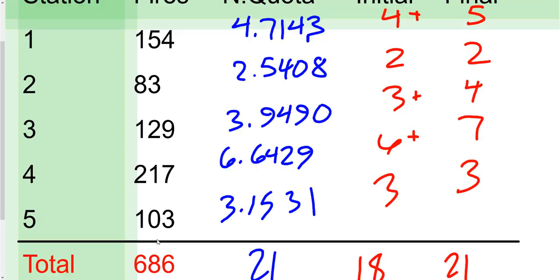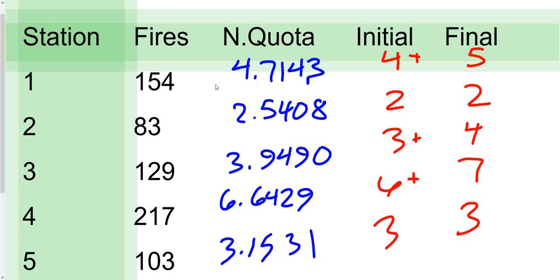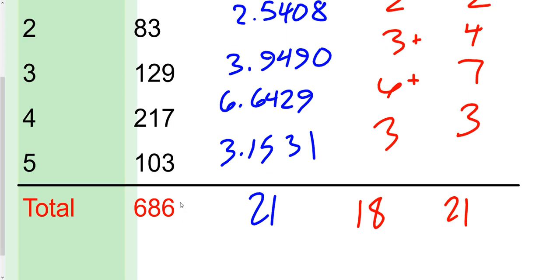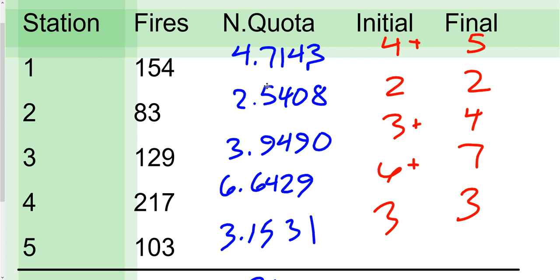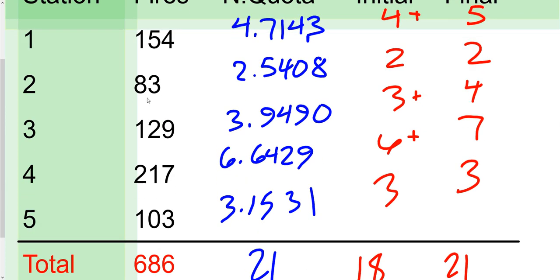So to calculate a natural quota, and I know I have it all written down here already, but that saves a little bit of time. Here's what you're going to do. For each of these states, you are going to take the number of fires, and the very first thing is you are going to create a divisor.